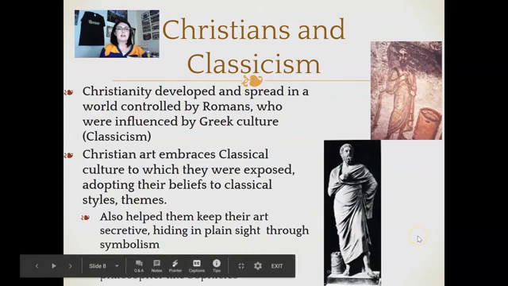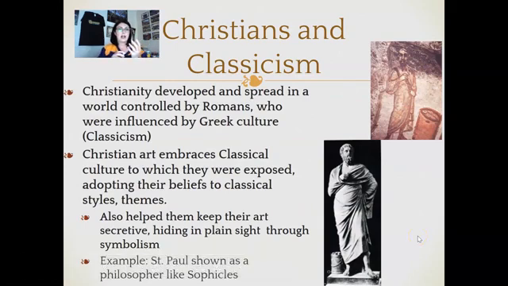And the philosophers would be shown in a toga, usually holding a scroll of some kind. So what the Christians would do is they would make paintings or wall paintings or sculptures of a philosopher. But to the Romans and Greeks, or especially the Romans, it may just look like a philosopher or teacher. But the Christians could actually recognize that as that's Jesus, who was a teacher.